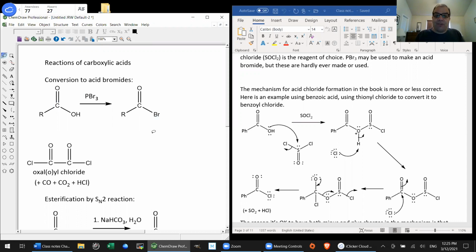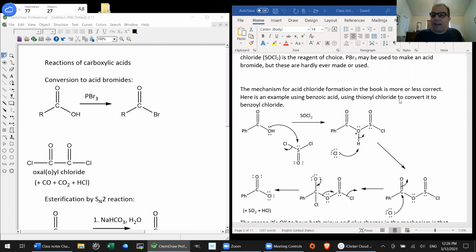And you could then isolate the acid bromide from that if you're careful, because I expect that'll be really reactive. So I would expect if there is a solvent, it's going to be something really unreactive, nothing more polar than diethyl ether. I wonder if you could even use an alkane or maybe dichloromethane, or maybe no solvent at all. But anyway, if for some reason you needed to convert the carboxylic acid to an acid bromide, phosphorus tribromide is the reagent of choice.